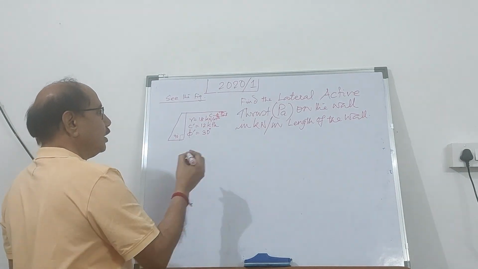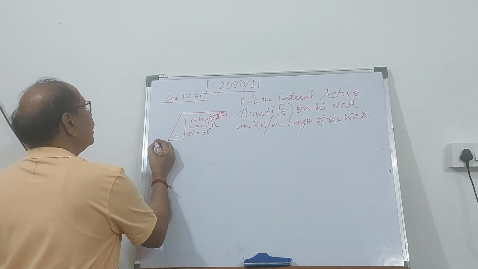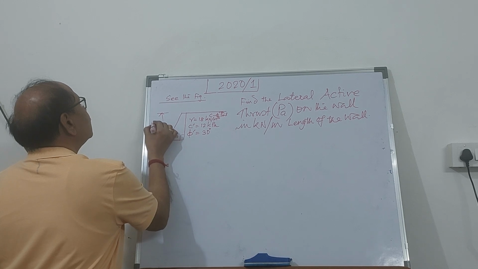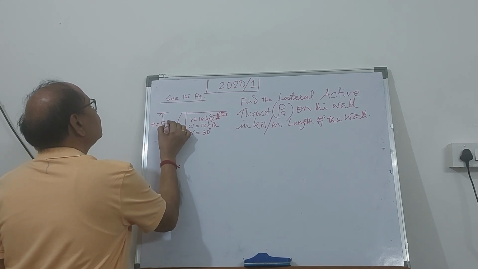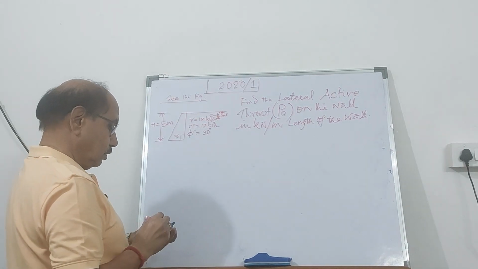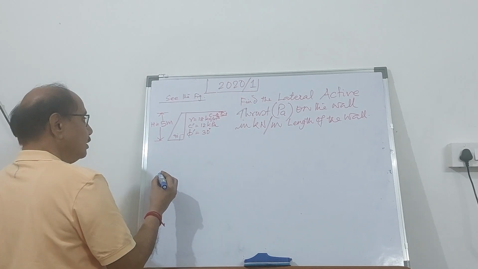So this is the question, and the height of the wall h is given in the problem as 5 meter. So how will you solve this problem, because it is C-φ soil?